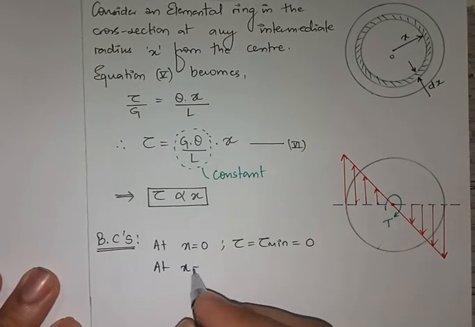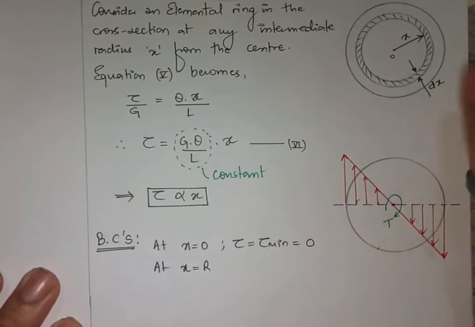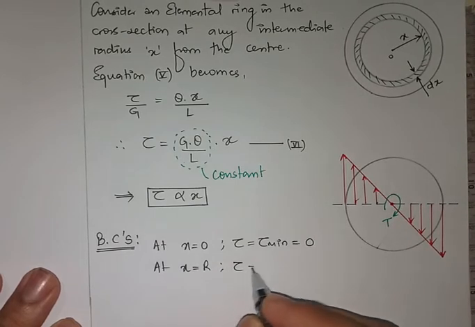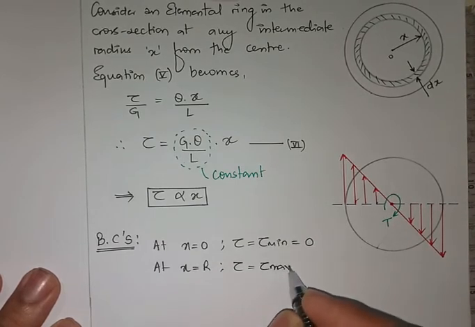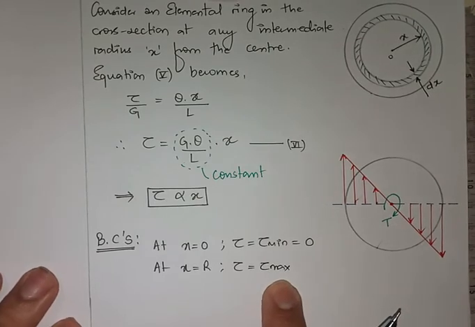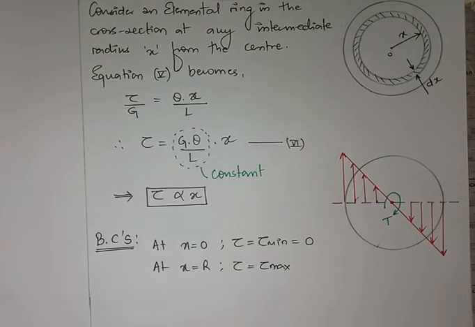At x equal to capital R, that is the maximum radius, tau will be equal to tau max. These are the important boundary conditions which we need to remember, which we require while solving numericals.